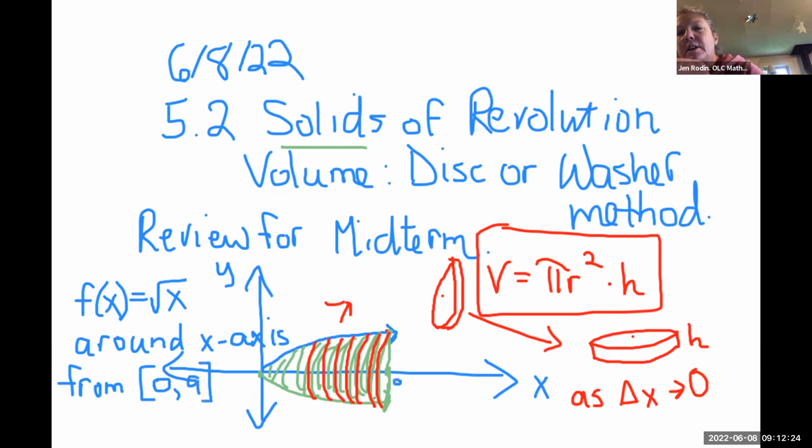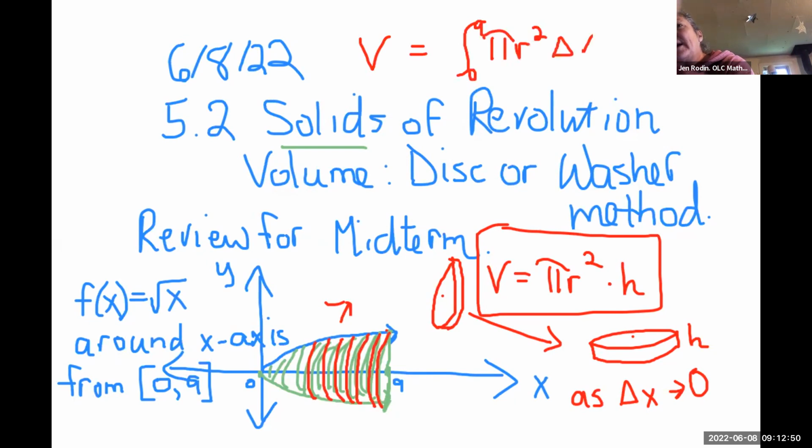So if this was 9 right there, and that's 0, I kind of built the problem around the picture so we'd have something to look at. Then I'll write it up here. The volume of this shape would be the integral from 0 to 9 of pi r squared dx.